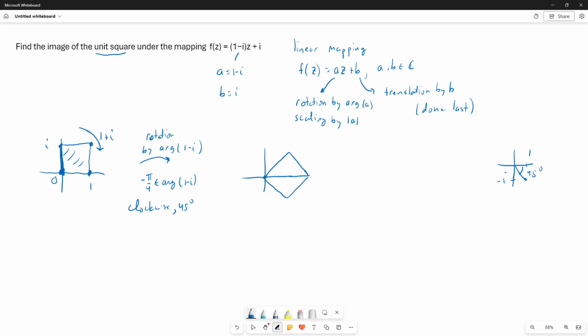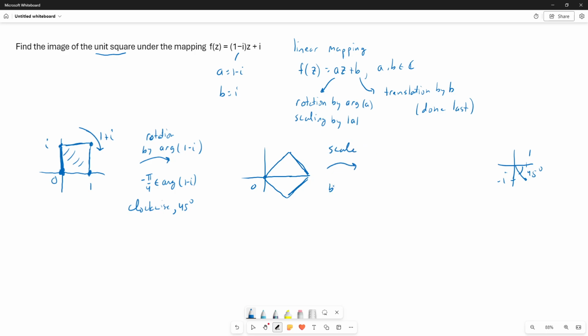The 0 stayed where it was. So that's the rotation.